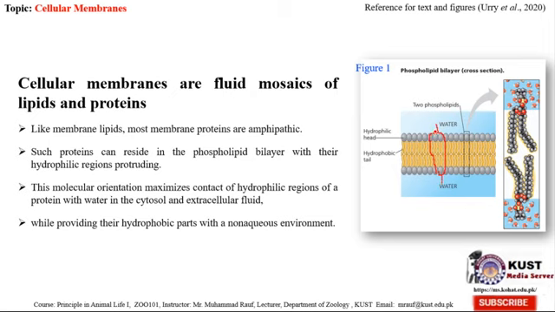So that particular region which is in contact with water is hydrophilic in nature, and that inner portion which is embedded along with the phospholipid tails is hydrophobic in nature. And in channel proteins, usually there is a channel which helps in the transport of materials. So in channel proteins, this channel is hydrophilic.